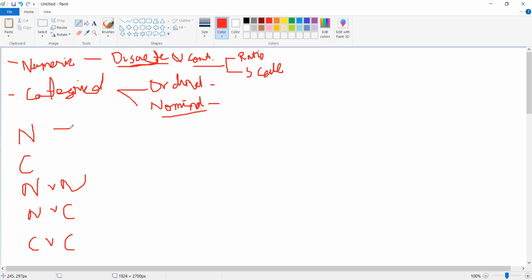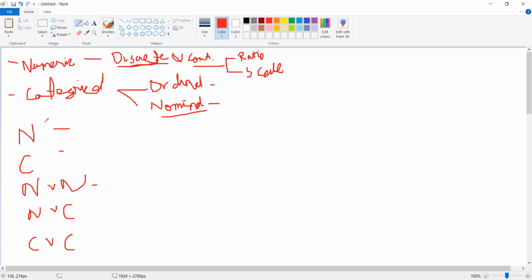Let's say they are trying to analyze the performance of students this year versus last year. When I say this year versus last year, it becomes numeric versus numeric. You are measuring performance of this year, which is one data set, versus last year, which is another data set. So that would be an example of numeric versus numeric. Now, analyzing the performance of this year itself is an example of only numeric. Did you get the difference?